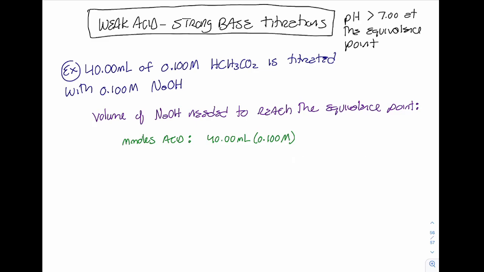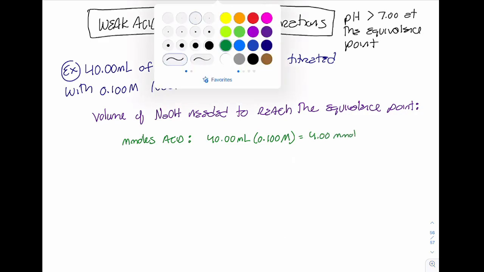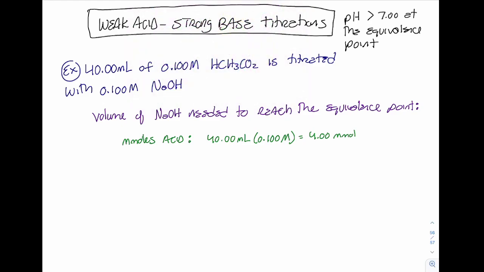Milliliters cancel, and I'm going to have 4 millimoles. I'm not writing the units out, so you can't see them cancel, but I have millimoles over milliliter times 40 milliliters. Again, if you prefer using moles, make sure you convert 40 milliliters to 0.04000 liters. You need to do that conversion.